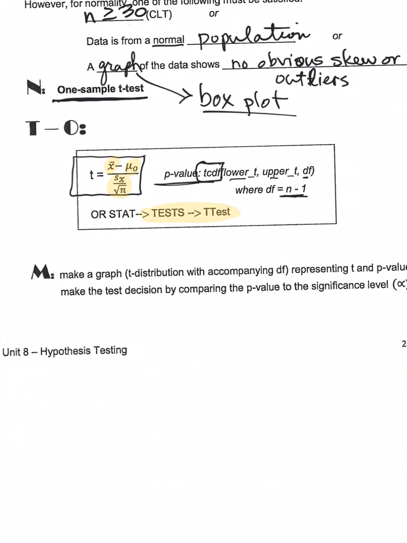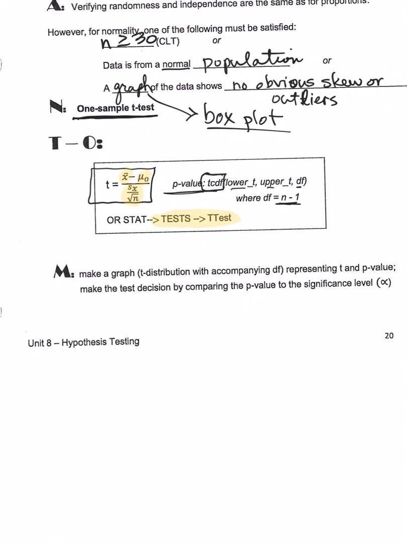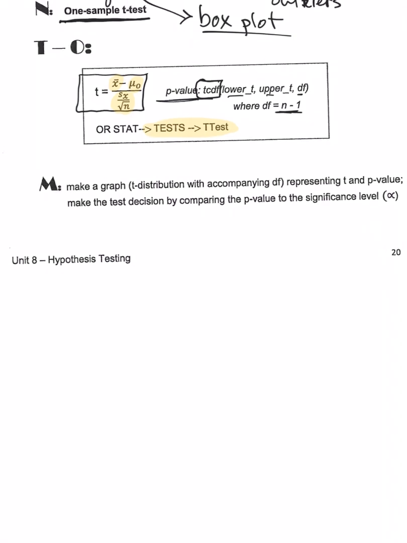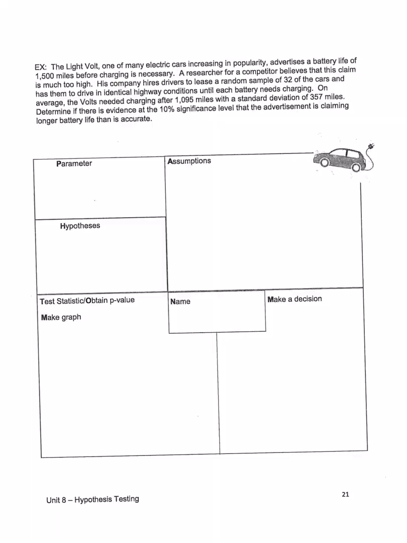It's just labeled as a T-test. Just like the other was labeled as a T-int, this is a T-test. Okay. And M, of course, we're going to make a graph, the T distribution with the accompanying degrees of freedom, the T and the p-value, and then make a decision based on the significance, the alpha level, correct? Just like the end requirements are just like for a Z score and a proportion test, all right?